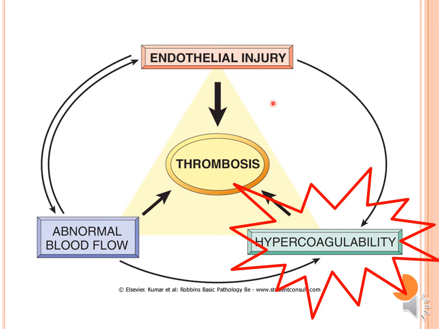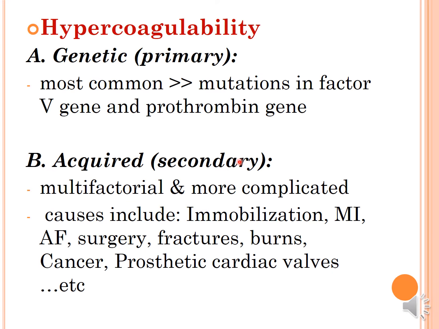Now, the third and last factor in Virchow's triad is blood hypercoagulability. The word hypercoagulability means an abnormally high tendency to develop blood clots. This hypercoagulability has two major types, either genetic or acquired.